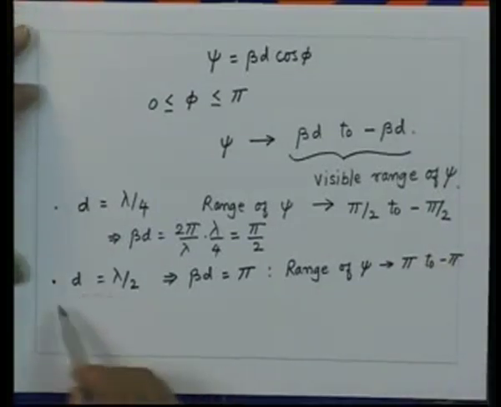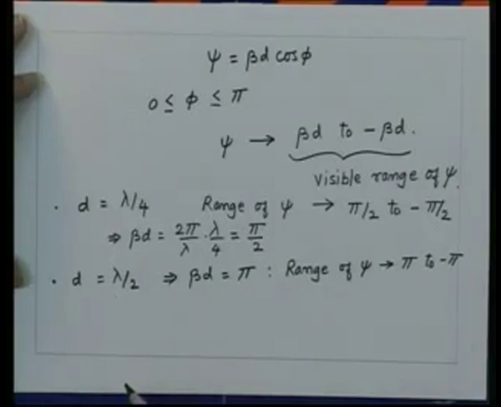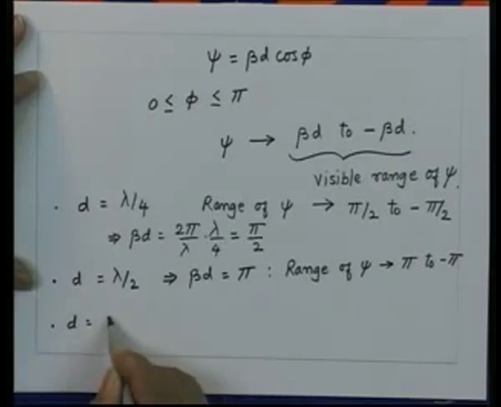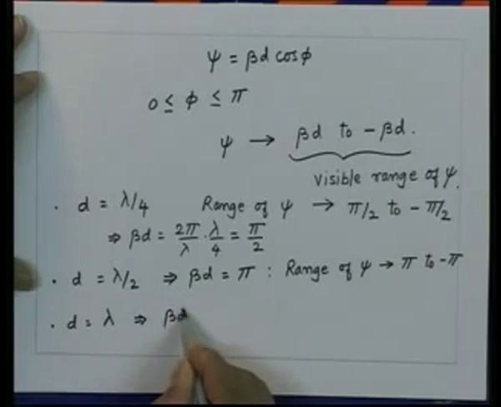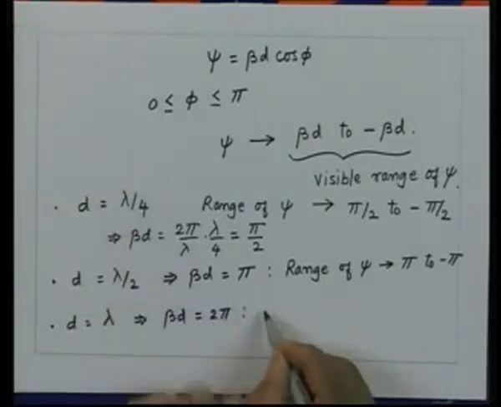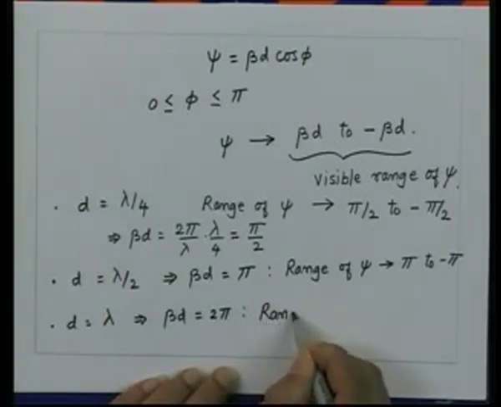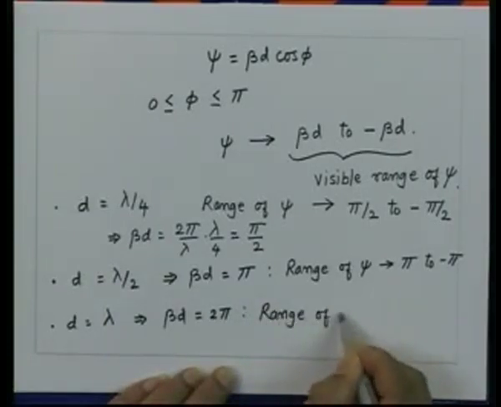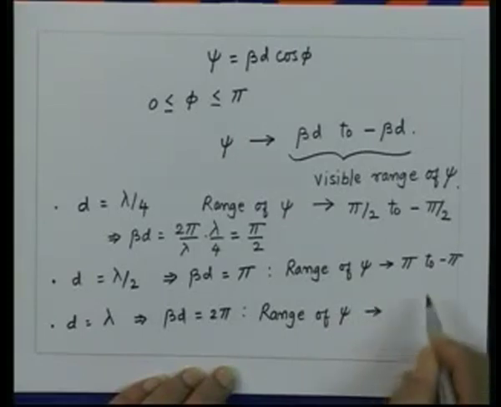And if I take d greater than lambda by 2, then the range will be still larger. So if I take d equal to lambda, let us say, that would correspond to beta d equal to 2 pi. So the range of psi would be 2 pi to minus 2 pi.